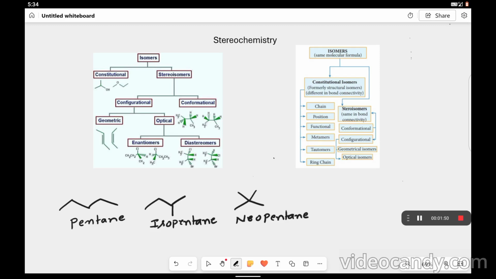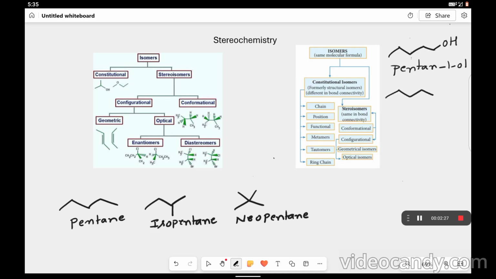Okay. Next one is position isomerism. Position isomerism is compounds having the same molecular formula but differing in the position of the functional group or any special elements. For example, in pentanol, this is pentan-1-ol.